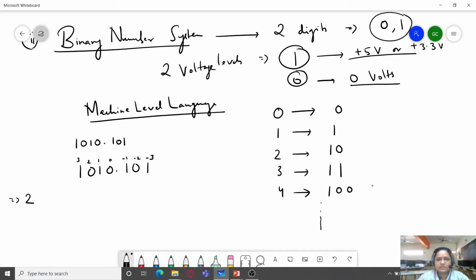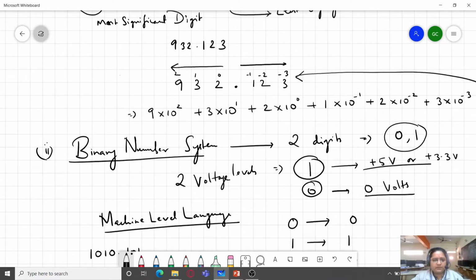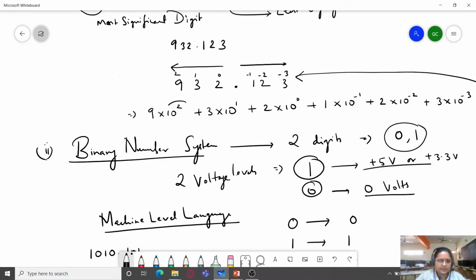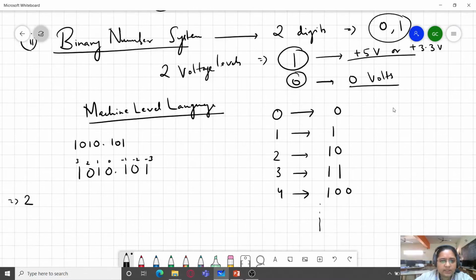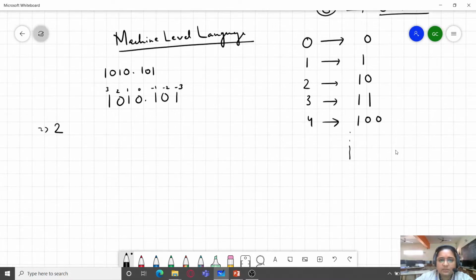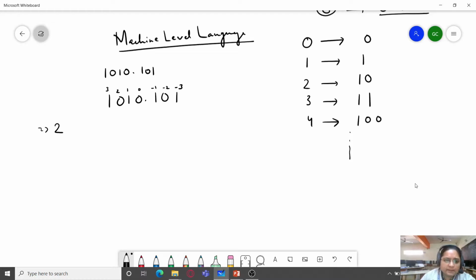As in the decimal number system, if you remember, we raised the weights to the power of 10, because we were working with the decimal number system, and decimal number systems use base 10. Here, because it's the binary number system whose base is 2, we will raise these weights to the power of 2, and this way we will represent the numbers.